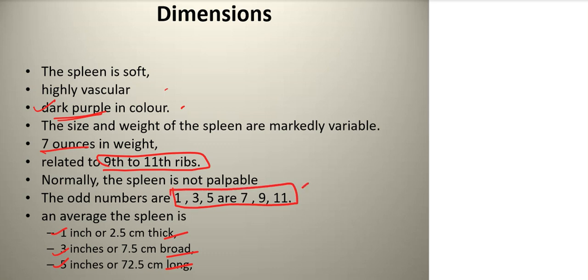These are odd numbers. 1 means 1 inch thick, 3 means 3 inches broad, 5 means 5 inches long, 7 means 7 ounces its weight, and 9 and 11 mean the 9th to 11th ribs. This is the relation of the spleen. This is a very important mnemonic for you: 1, 3, 5, 7, 9, 11.